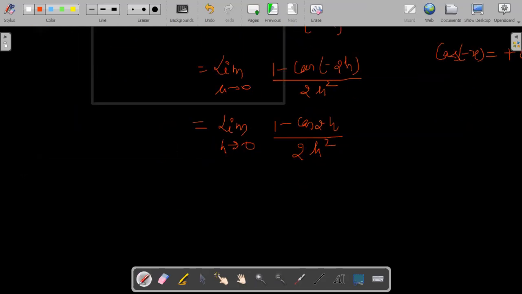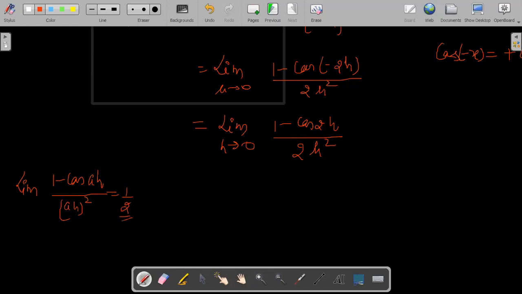We have seen a property, Prashil, in which 1 minus cos ax upon ax whole square gives 1 by 2.